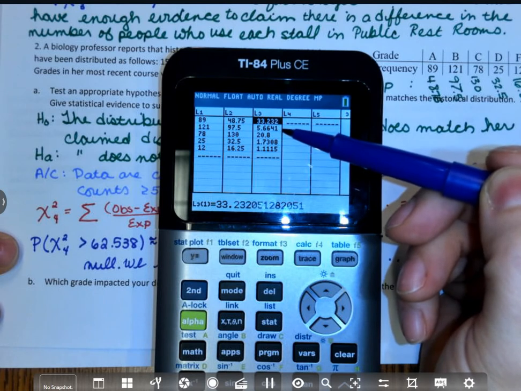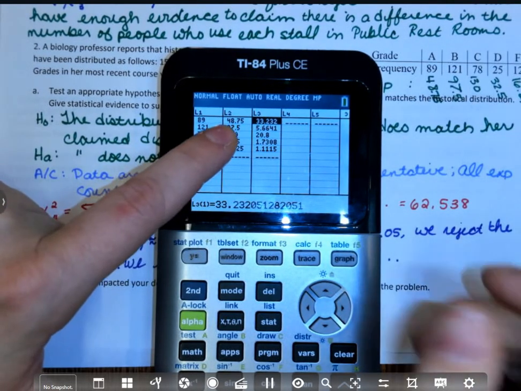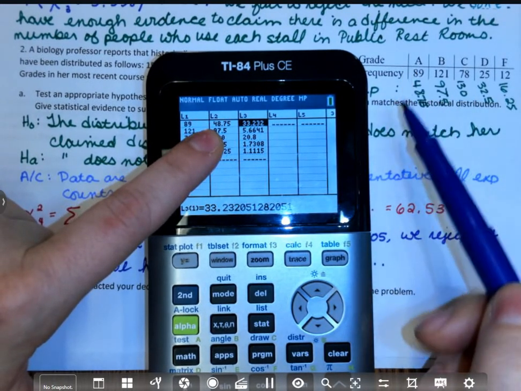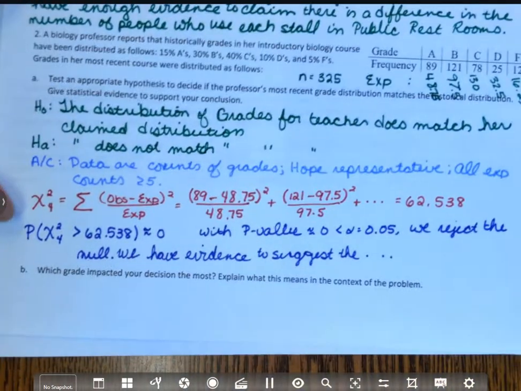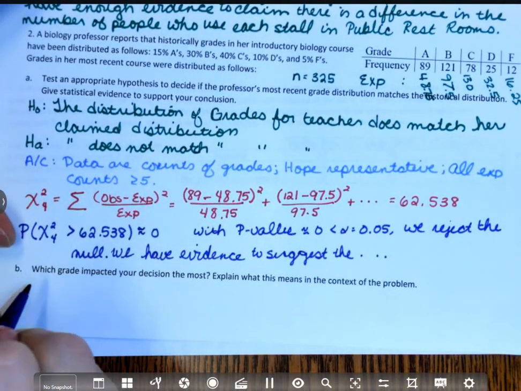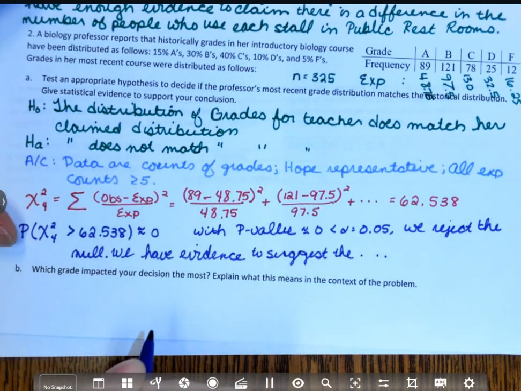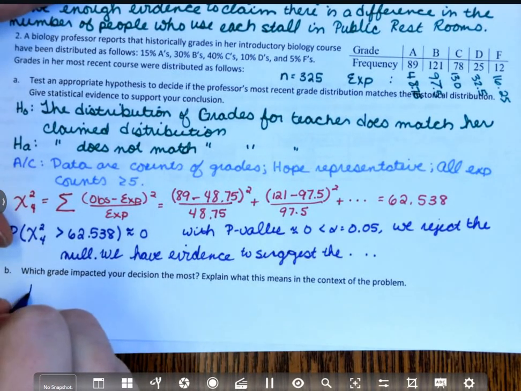The first one, right? That first component matches with what? Matches with what set of data? The A's. So since the chi-squared component on the A's is the highest, we would say which grade impacted the decision the most? The A's.